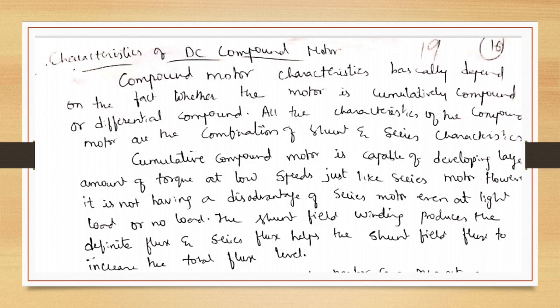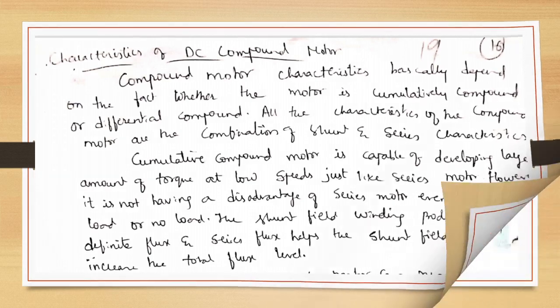However, it does not have the disadvantage of the series motor at light load or no load. That disadvantage is there only in the series motor, where on light load or no load the speed is dangerously high, whereas this is not there in the compound motor. The shunt field winding produces definite flux, and series flux helps the shunt field flux to increase the total flux level.